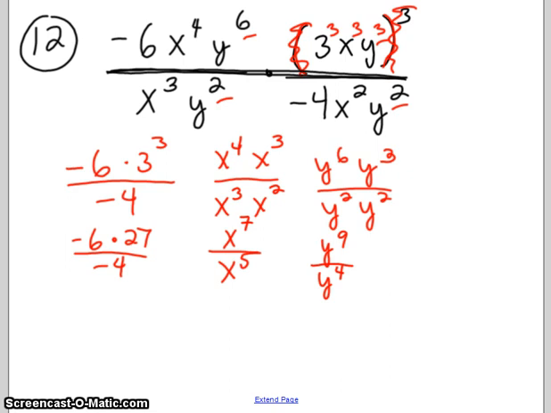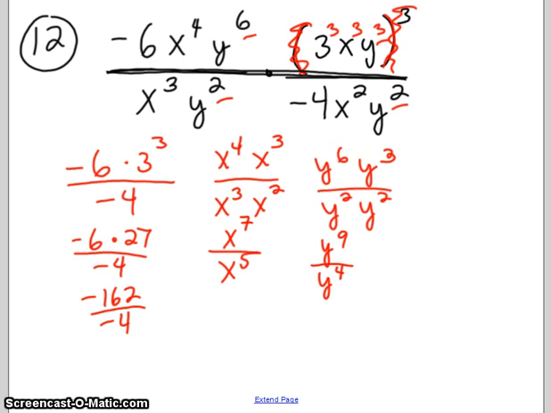Alright. Negative 6 times 27 equals 162. And I have over negative 4. Now you can't simplify this completely, but you could divide both of them by 2, because 4 doesn't go into 162 evenly.